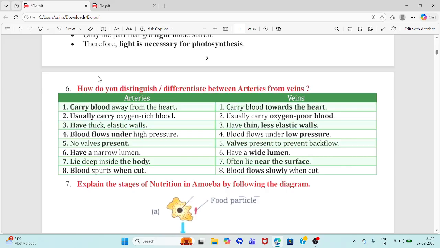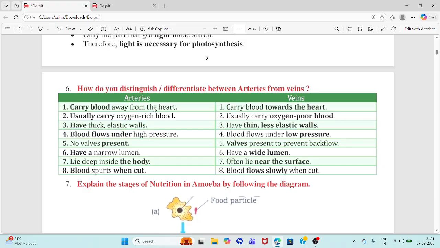Now, sixth question: how do you distinguish between arteries and veins? Arteries carry blood away from the heart, veins carry blood towards the heart.